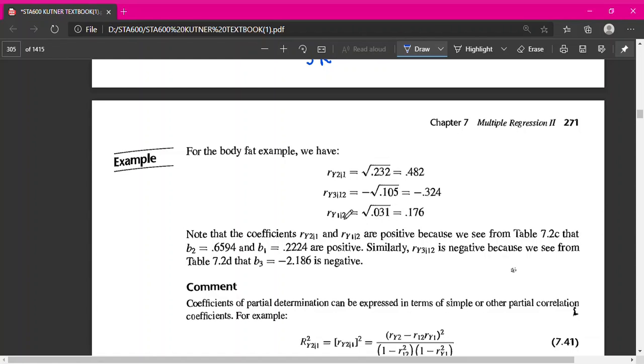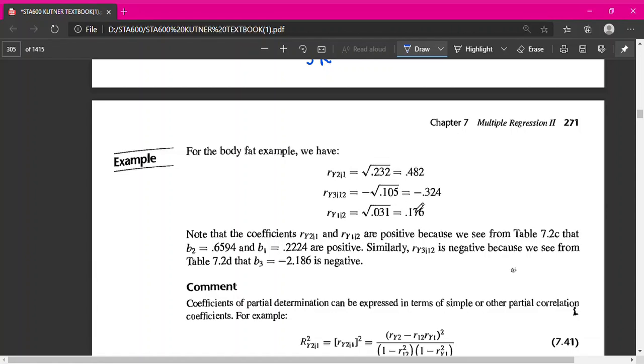Okay, yang ketiga, kena tengok the same yang tadi, 7.2C sebab involve x1 dan x2. And then kita kena tengok coefficient untuk x1, which is beta 1, positive 0.2224. So, dia punya sign adalah positive.